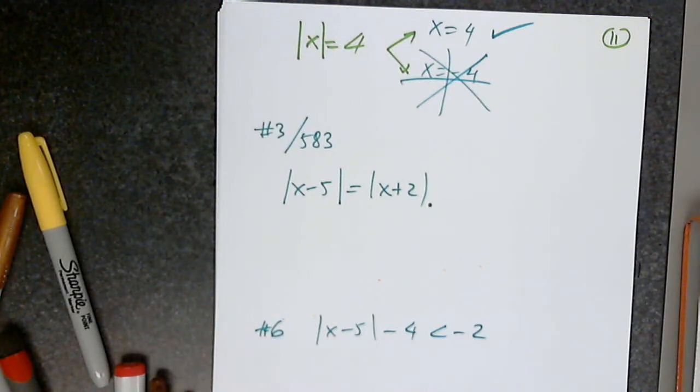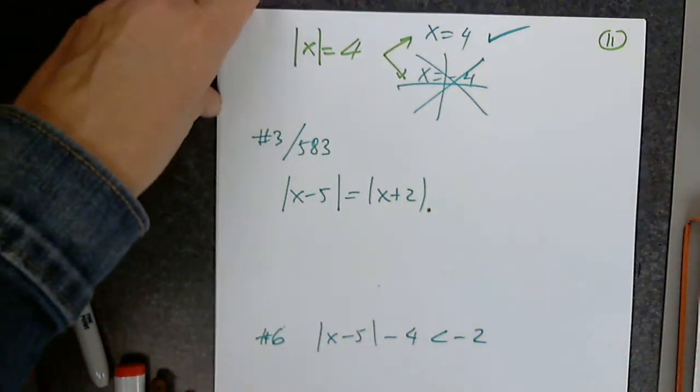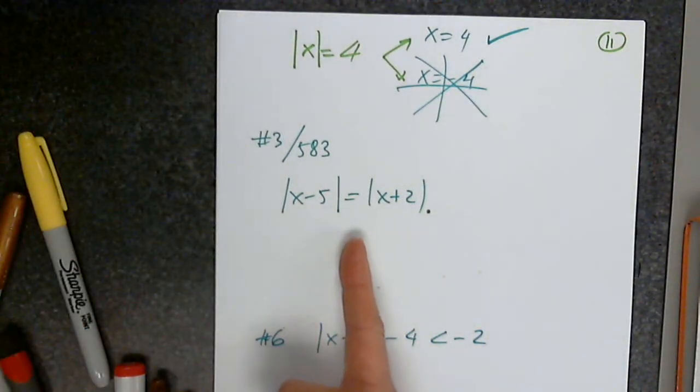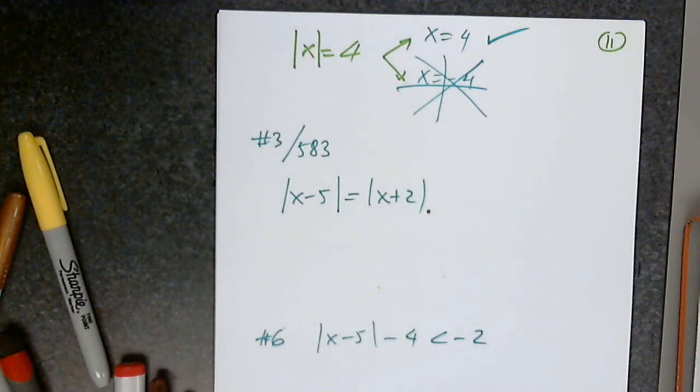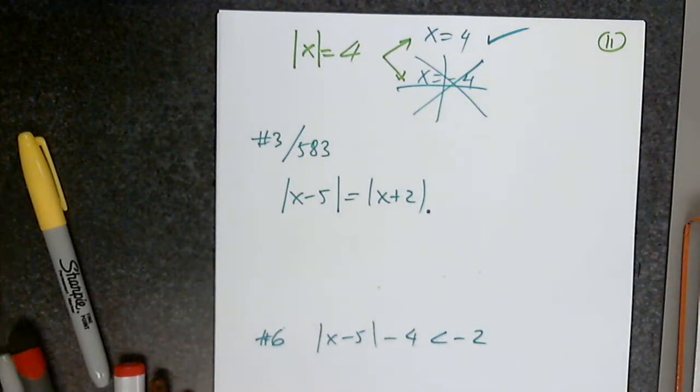Okay, so what type of equation is this? You cannot say radical. You cannot say linear. You cannot say quadratic. You cannot say rational. Or what is it? Right. It has absolute value in it. It has to be absolute value. Perfect.